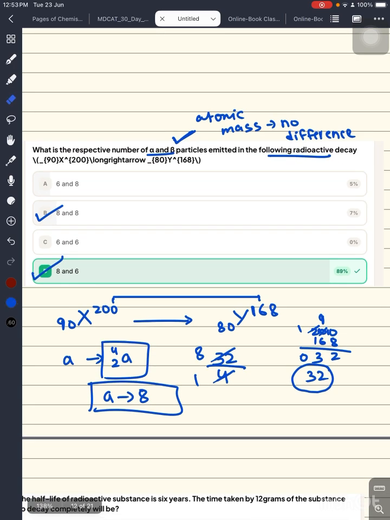Let me check the beta particle now. Eight alpha, A4, 2.